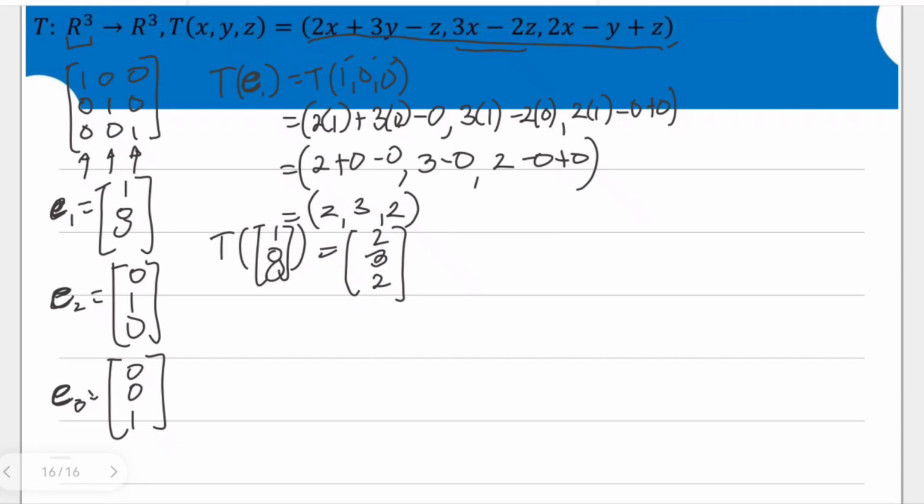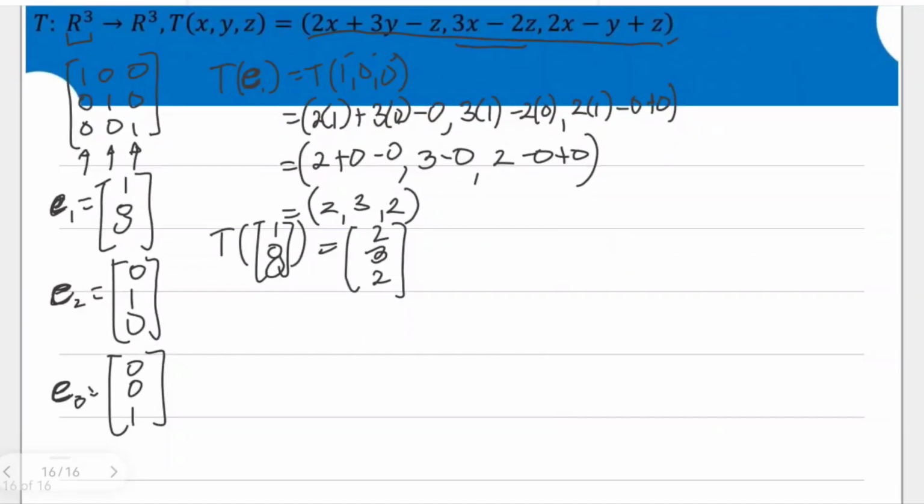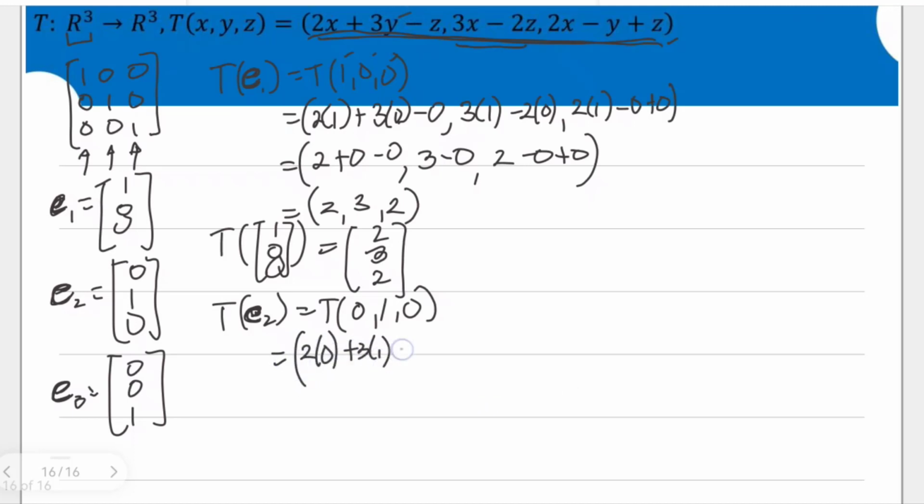That's for the first. Next, let's proceed to the second. E sub 2 is equal to the linear transformation of 0, 1, 0. So x is 0, so 2 times 0 plus 3 times 1, minus 0, which is our z. Then 3 times 0 minus 2 times 0, and 2 times 0 minus 1 plus 0.